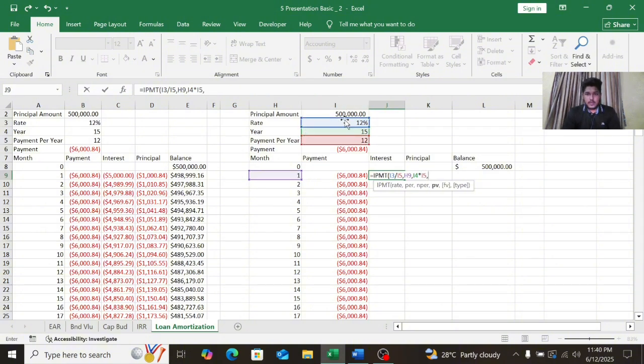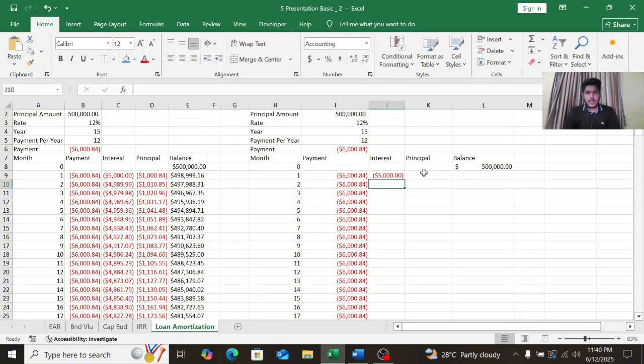The present value is the principal amount, and the rest is 0. Okay, we are getting the answer.